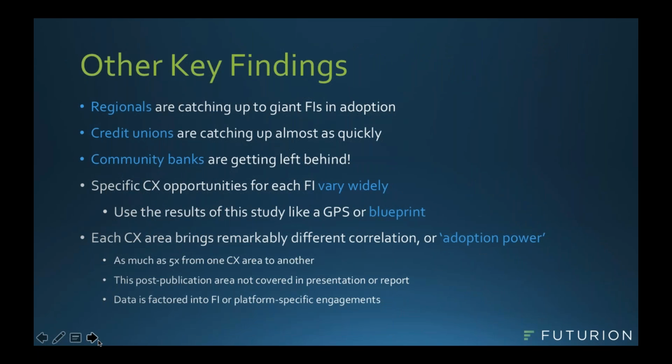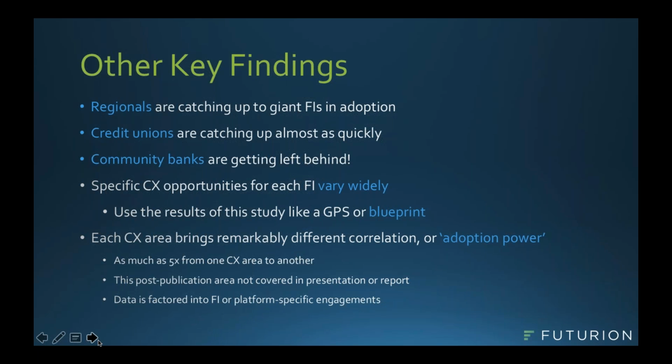So other key findings, and there's one more slide of data to give you some takeaway support: the regionals are catching up to big banks very quickly, partly because the big banks launched first. Credit unions are almost as fast. Credit unions are absolutely being left in the dust in adoption, and each FI has a very unique customer experience opportunity.